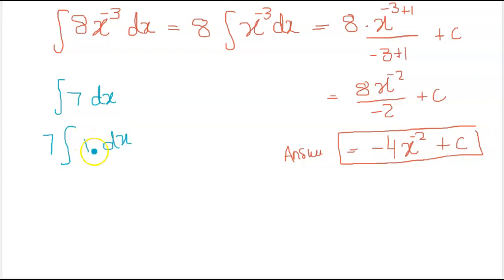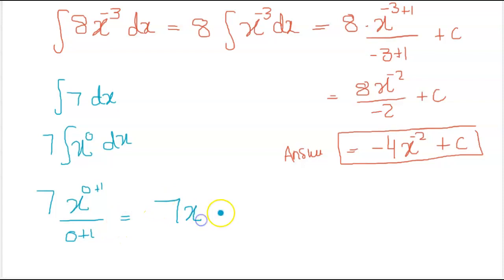But this is actually x to the power 0, because we can't see it. So we follow the same rule: x to the power 0 plus 1, divided by 0 plus 1. So that will become 7x over 1 plus c. We do not need to write this over 1. So 7x plus c is the answer.